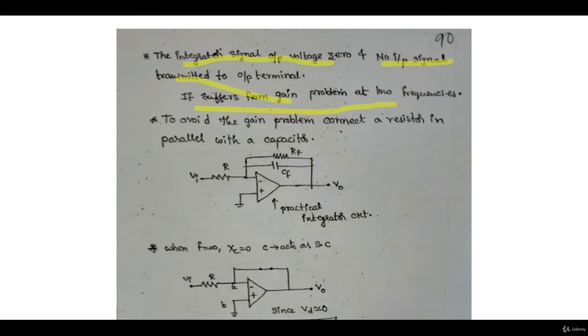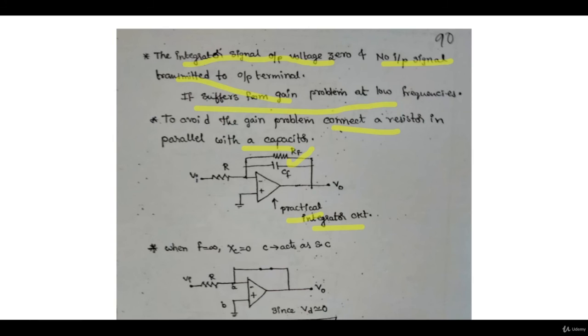So what we do is we connect a resistor in parallel with this capacitor, so that we will not have any gain problem. We will have some certain gain in the low frequency region. So that will become a practical integrator circuit.